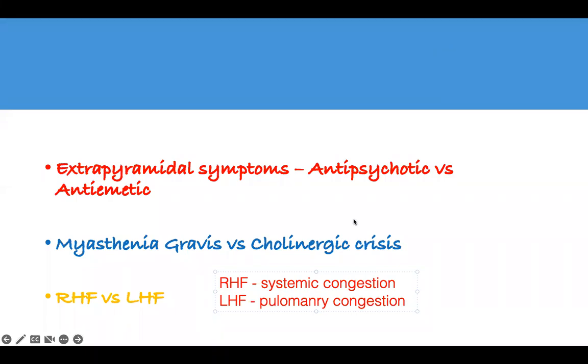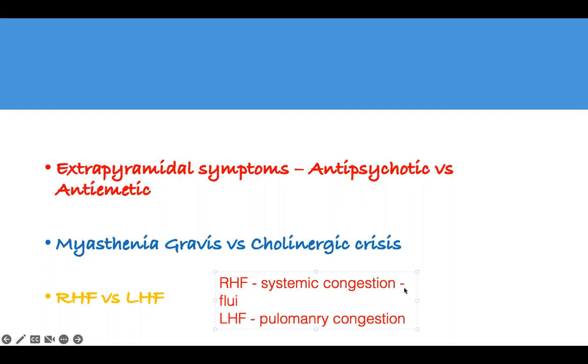I don't need to worry about anything anymore. What is systemic? Your body system is congested. Well, if my body system is congested, it means I'm fluid overloaded. That's all. That's the symptoms of right heart failure. Therefore, you expect what? JVD. You expect renal and liver congestion.